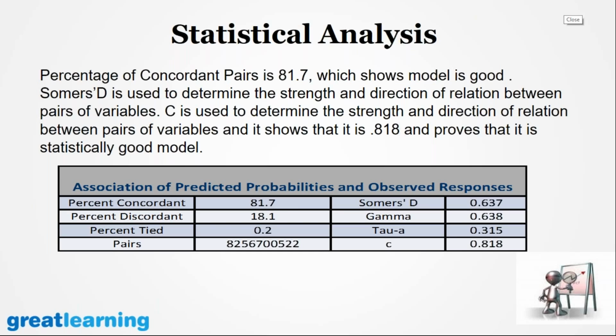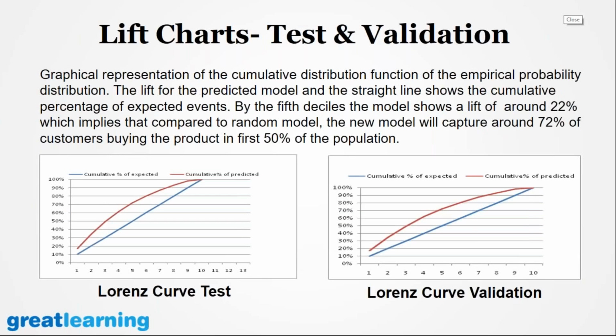We have so many pairs analyzed. You see at the bottom, 8.25 billion pairs were checked, and we got 81.7% concordant, which again tells us it was a good model.